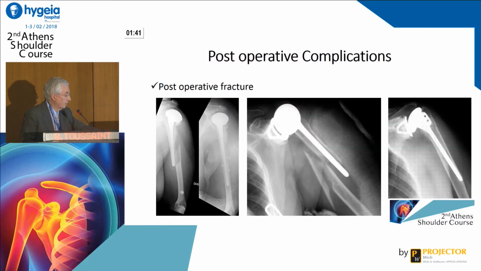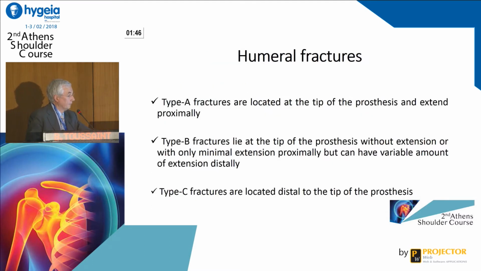Postoperative fracture is different. You have different types of fracture. Type A is located at the tip of the prosthesis and extends proximally. Type B is at the tip of the prosthesis without extension, or with minimal extension proximally, but distal extension.